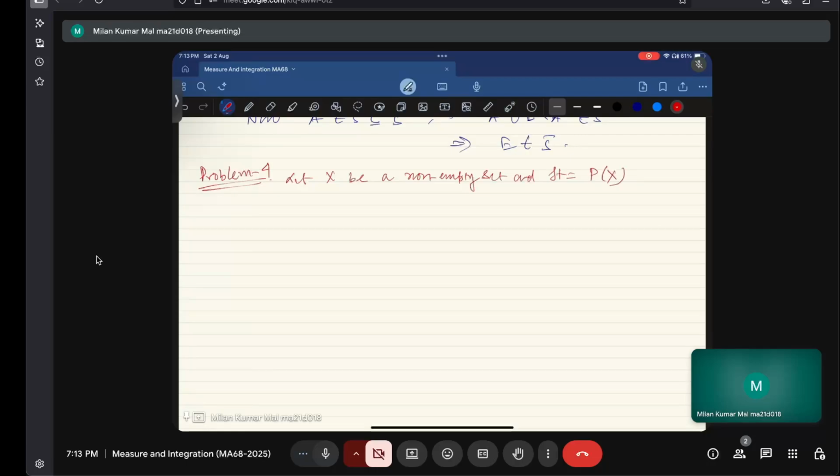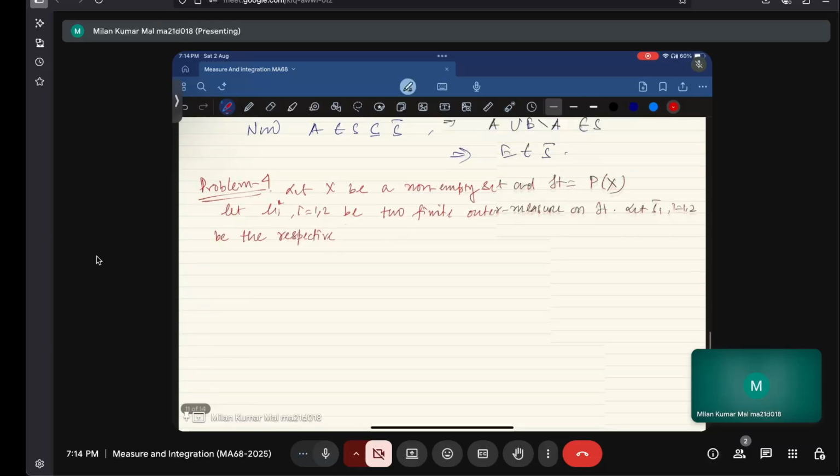Let mu_i star for i equals 1 and 2 be two finite outer measures on H. Let S_i bar, i = 1 and 2, be the respective measurable sets.